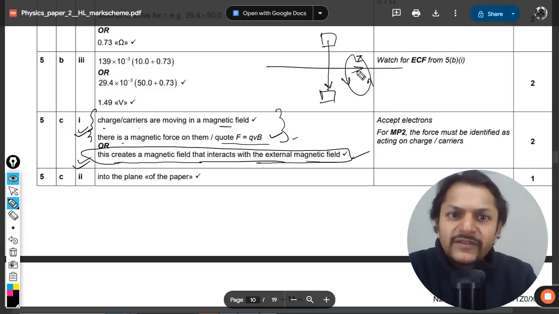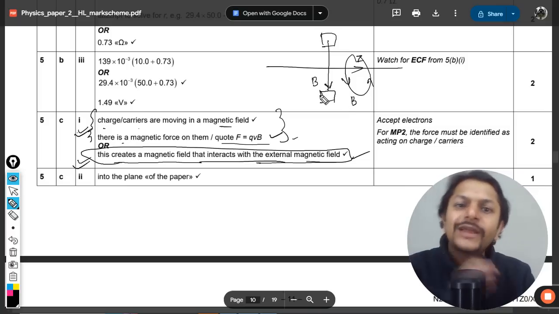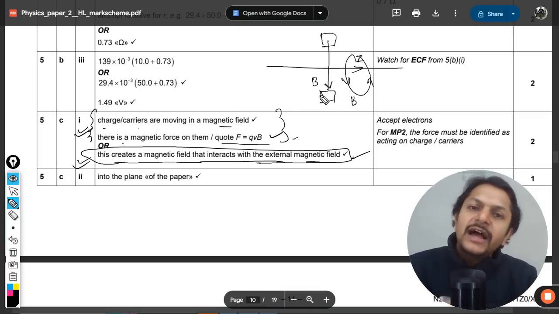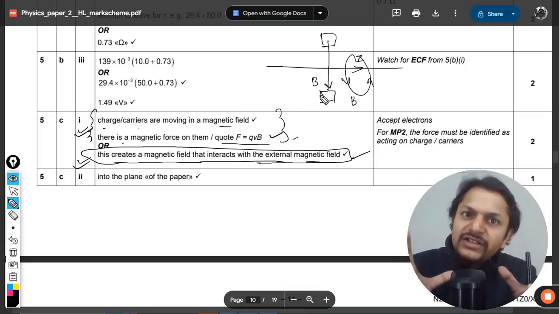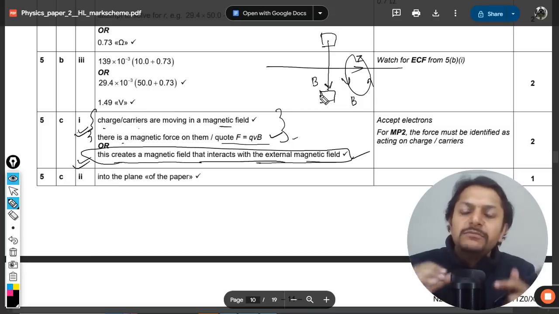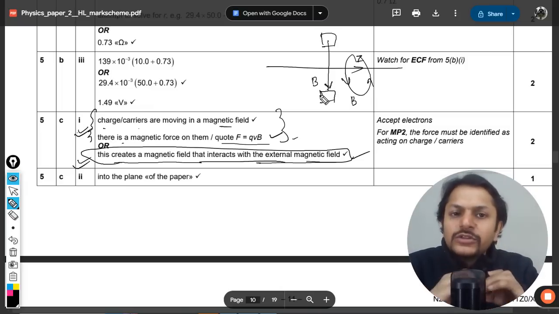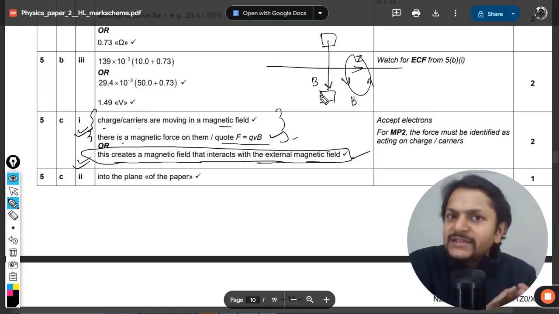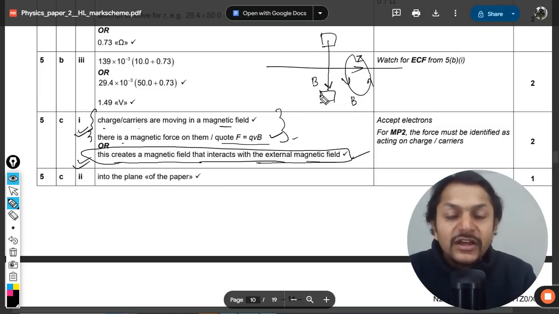This magnetic field and that magnetic field now interact with each other, and that is why there is force. There is a change in the magnetic field lines, the way the field was earlier present in the space. Now there is a different kind of magnetic field in the space. Due to the interaction of these two magnetic fields, there is force.